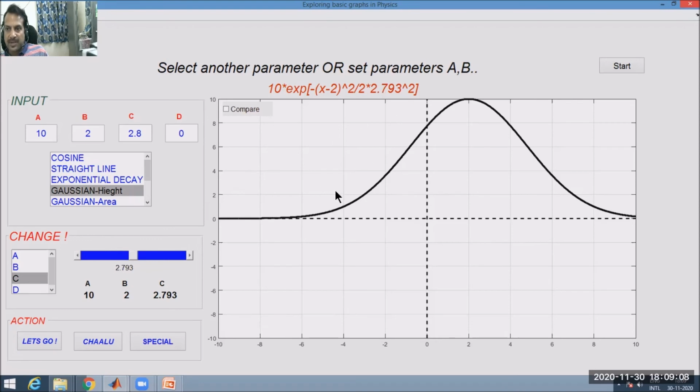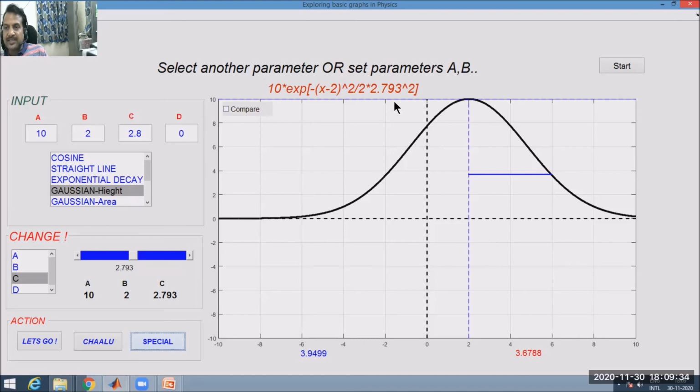Let's see where these parameters appear on the graph. First, A is 10. We can see this blue line represents it, so A is the height of the graph. B is 2. You can see it is here, where the center is, where the maximum will occur. At x equal to B, the function is maximum, and the maximum value is A, that is 10.